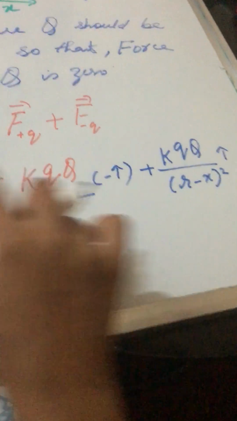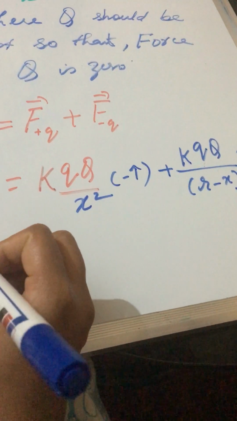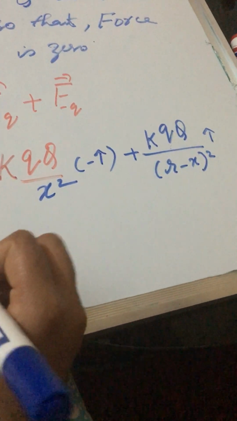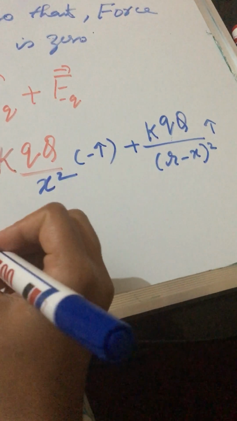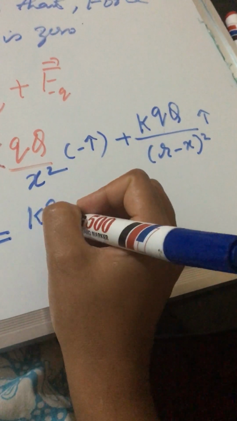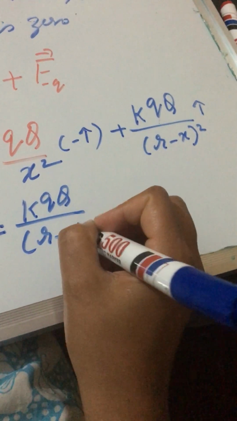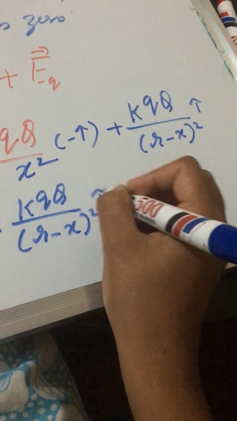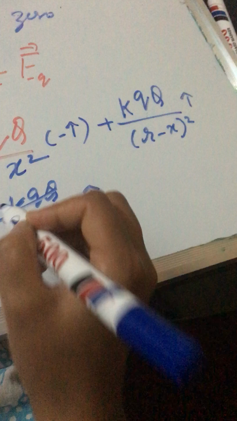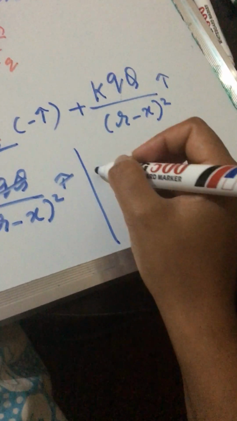So if I take this one to the other side, then it will be K Q by X squared i cap equal to K Q by R minus X whole squared i cap, right? K, Q all can cancel, i cap cancels. So what is the remaining, student?